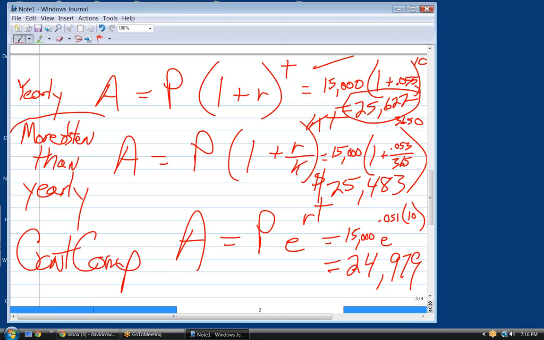The bank is the one that is investing $15,000 with us. They want their money back at the end of 10 years. So the more money that we pay them back, the worse off it is for us. So I'm going to choose this one right here. That one means I only have to pay back $24,979 over the same 10-year period.